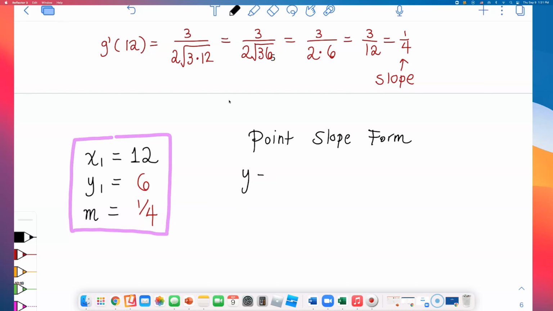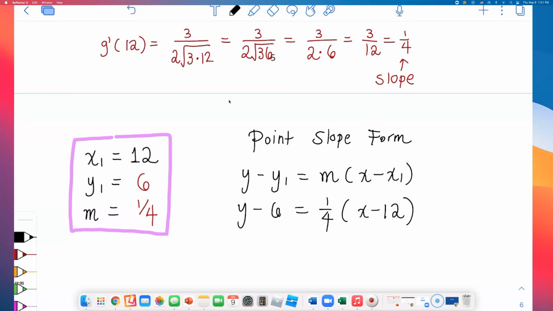Which is y minus y1 equals m times x minus x1. That will turn into y minus 6 equals m times, whoopsies, I know what m is. We did all that hard work to find that m of 1 over 4, and x minus 12.